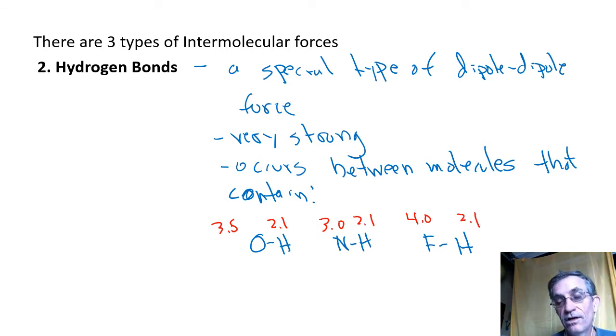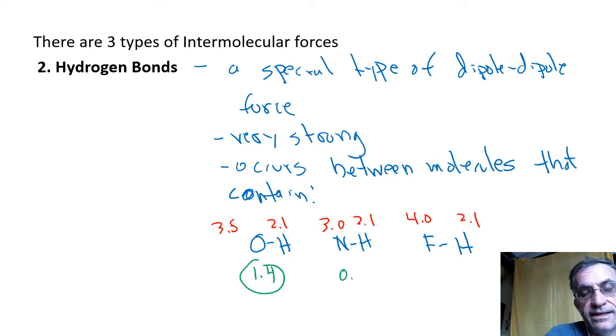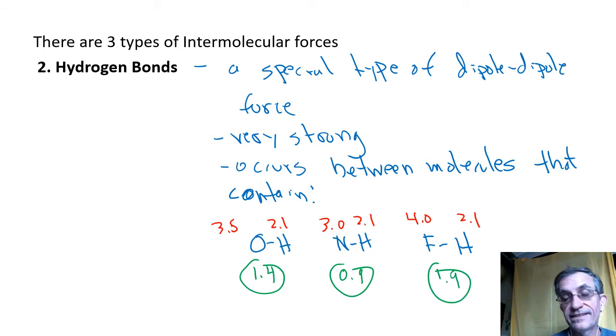All right, so there's 3 bonds up here: a bond between oxygen and hydrogen, nitrogen and hydrogen, fluorine and hydrogen. Let me ask you, are they all polar bonds or are they all non-polar bonds? They're all polar bonds. Why? Because if I subtract electronegativities, we get a number bigger than a half: 1.4, 0.9, and 1.9. So they're all polar bonds because we have a difference bigger than 0.5.